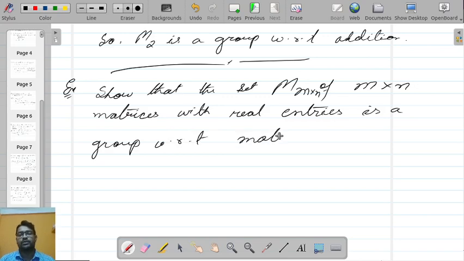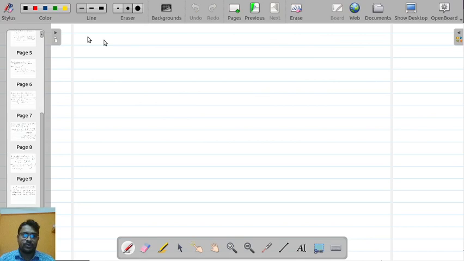So the operation that we define here is matrix addition, addition of matrices, how we add it. So let us see how we can formally prove it.